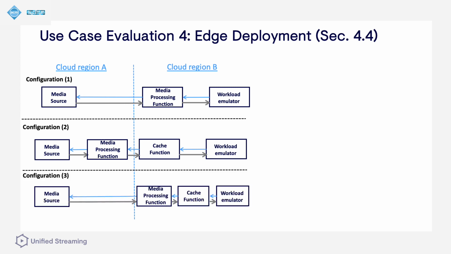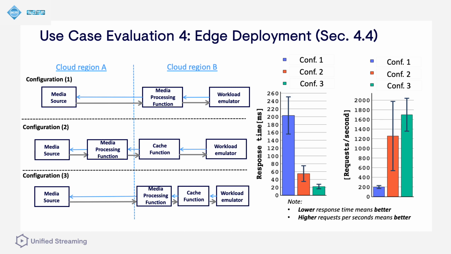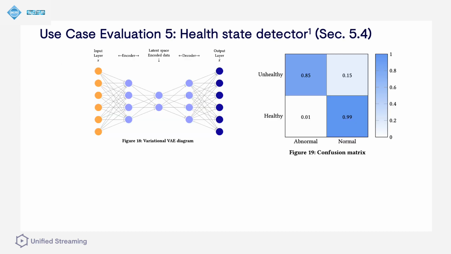In configuration 3, this last edge configuration, we move the media processing function and cache function to region B. In this comparison, we have assessed the average response time and the average requests per second of the media segment requests. Surprisingly, the third edge configuration provides the lowest response time and highest requests per second, almost 10 times higher when compared to configuration 1.